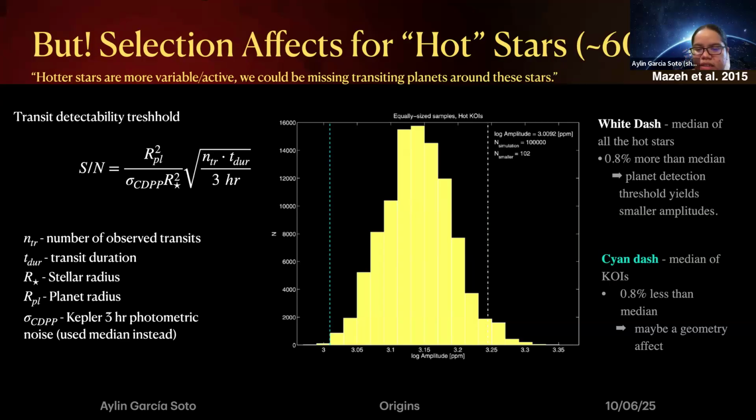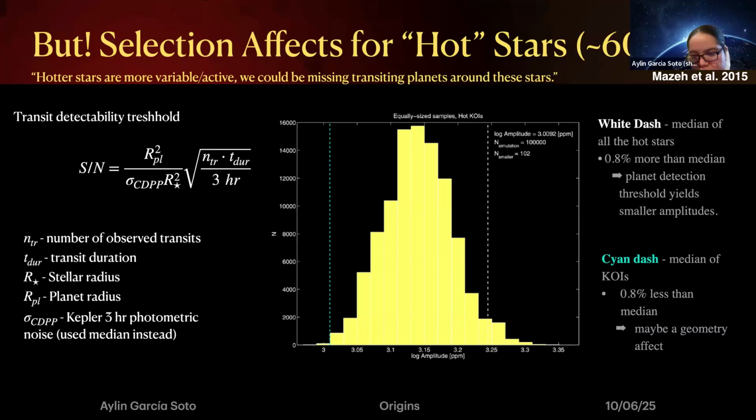Sample P is essentially known transit hosts, or known stars with transits, and there's 115 of them. And then sample R is the control stars with known periods that may have a planet that we don't know about. And those are around 4,000 stars.